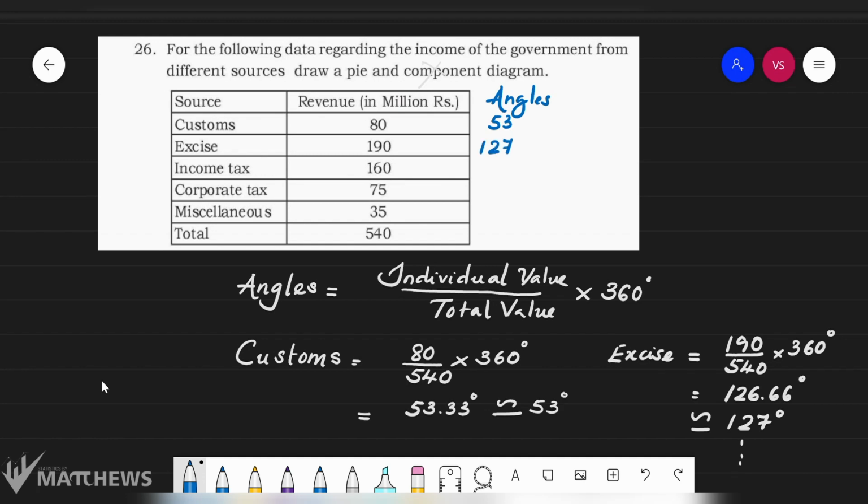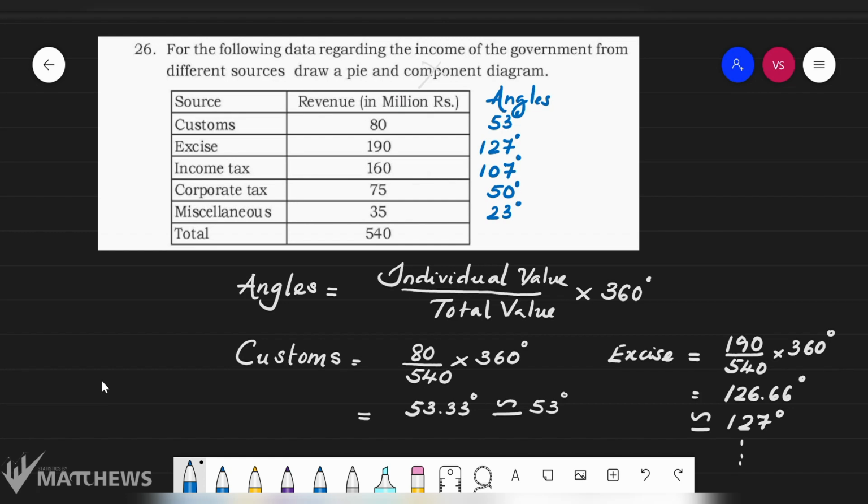Likewise, if you do the calculation for income tax, you get something like 107, students. Then we have corporate tax. It would be calculation, we get something like 50 degrees. These are all degrees, students. The next, miscellaneous, you got something like 23 degrees.